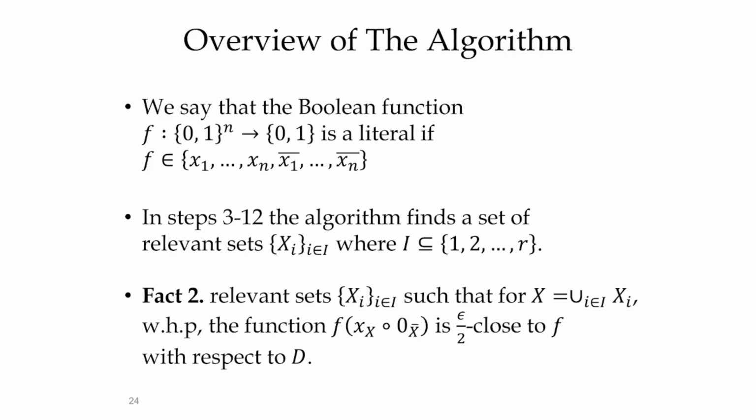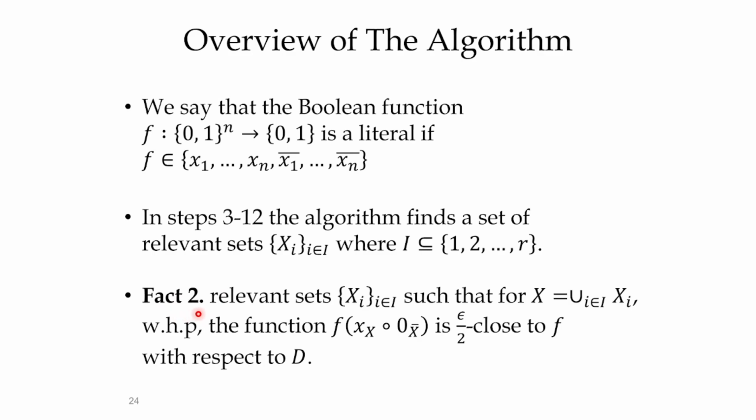So when we say that the Boolean function f from all the Boolean vectors with length n to 0 or 1 is a literal if f belongs to x's 1 through n and x's 1 through n bar. In steps 3 through 12, the algorithm finds a set of relevant sets, capital Xi, where i belongs to capital I, where capital I is a subset of 1 through r.